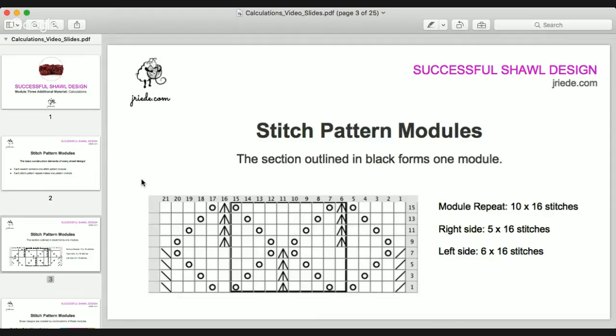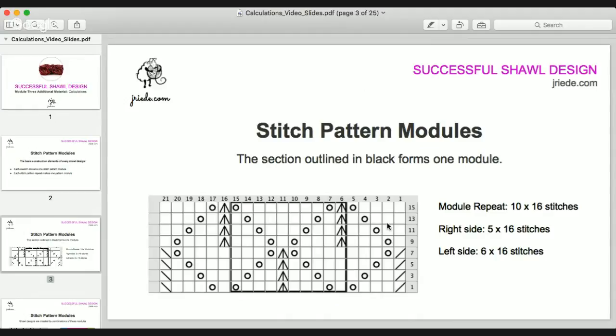This is a stitch pattern module for a rectangular construction, and the section outlined in black forms one module. So it's just one repeat. This section outlined in black has a left side section and a right side section.